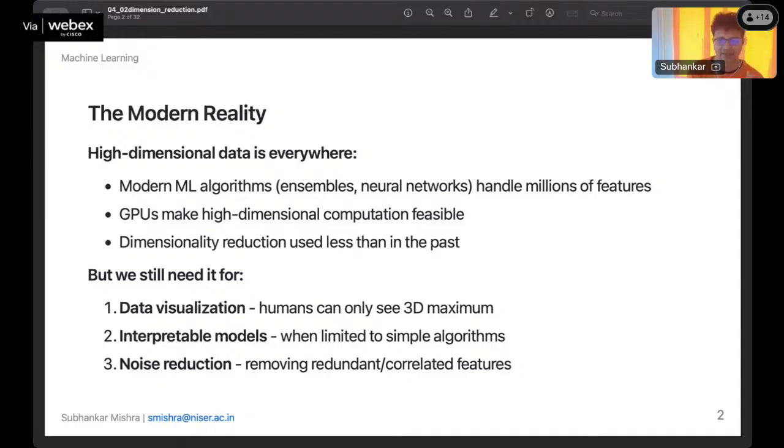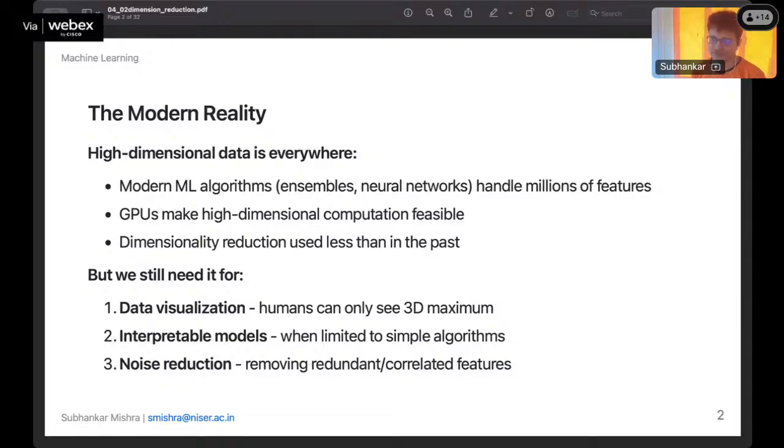So why do we need it then? If modern ML algorithms can already handle this, and GPUs can make this happen, probably we don't need it anymore. But the goal is visualization. Visualizing data is super hard in any dimension more than three, and even thinking about higher dimensions is hard.